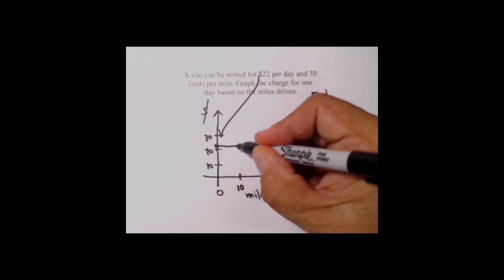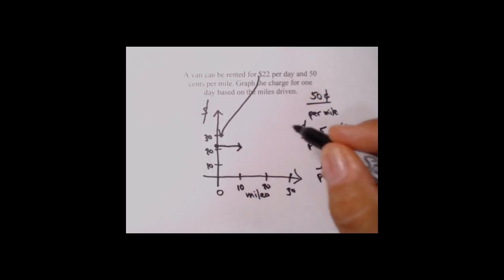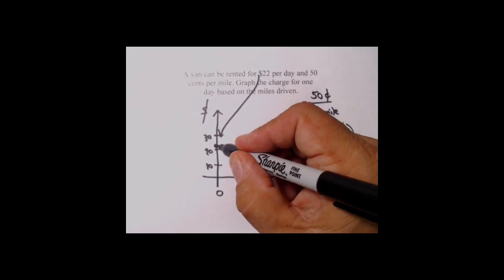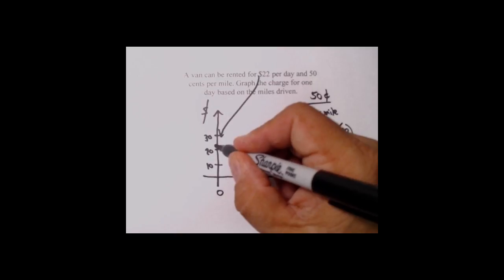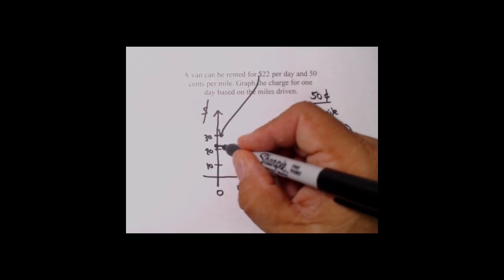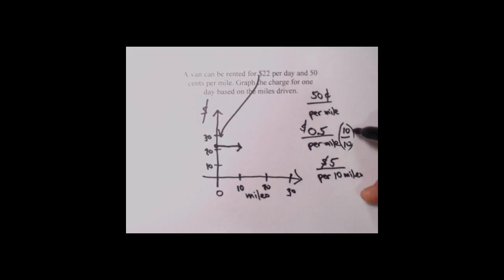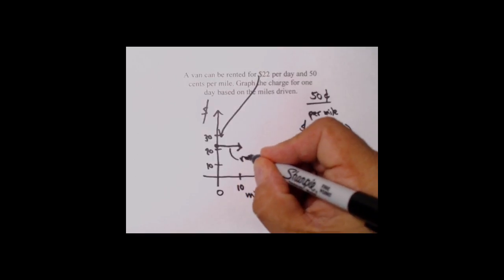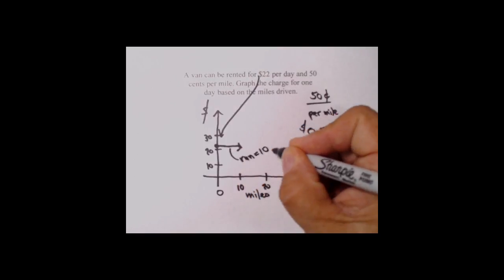So if I come out to 10 miles, and the reason I multiplied top and bottom by 10 was to make it a little bit easier to graph, because we just came out 1 mile, and that would be such a small horizontal distance here. Whereas if we turn around and multiply top and bottom by 10, we've got the same rate here, but it's easier to graph. Okay, so there's our run, equals 10 miles.